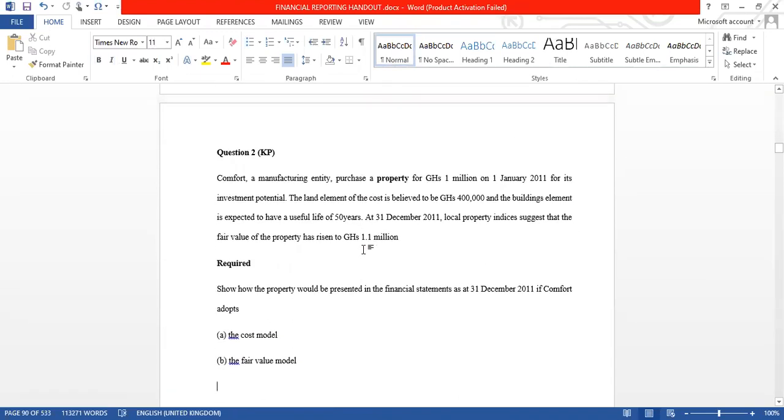All right, there is another question here we need to go through and look at. It says that Comfort is a manufacturing entity and purchased a property for 1 million on January 1. Dates are key for its investment potential, meaning that they may try to use it as an item.